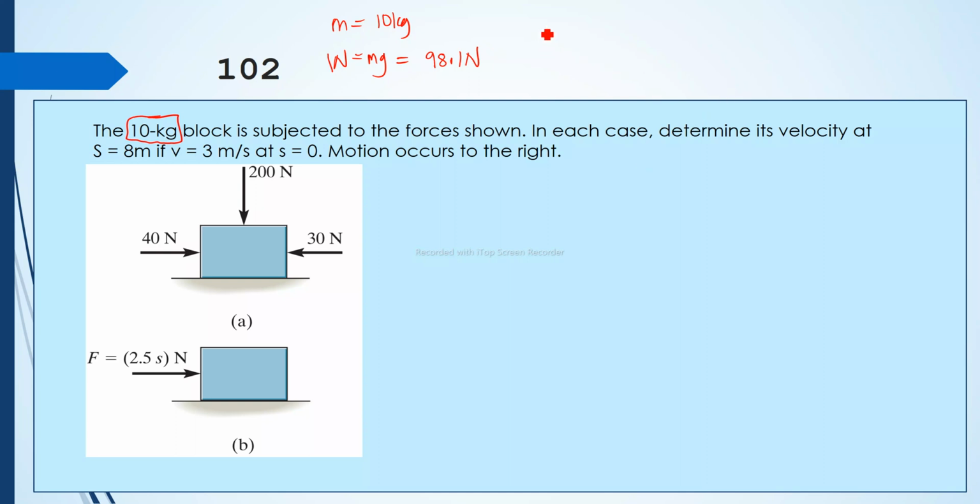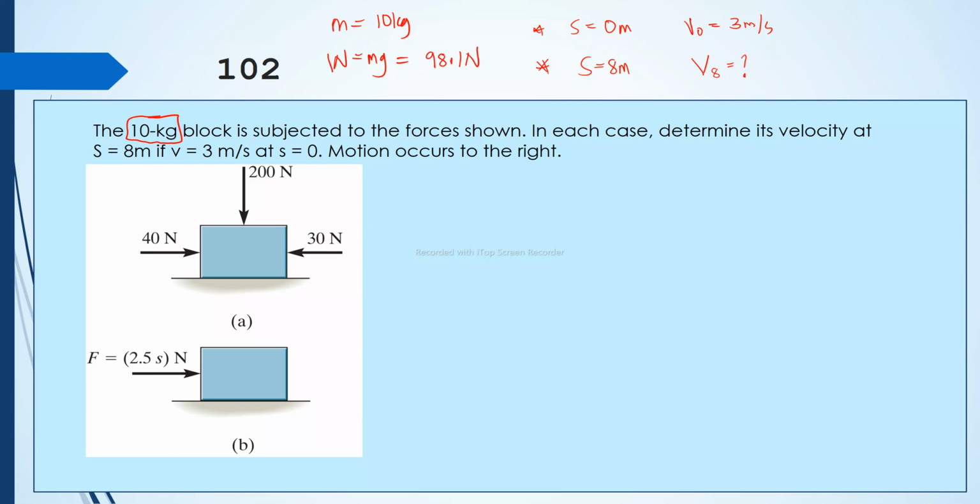So we have an initial condition: starting from s equal to 0, the velocity is equal to 3 meters per second. And then at a distance equal to 8 meters, we are to find the velocity. So it is a similar situation to our first example.